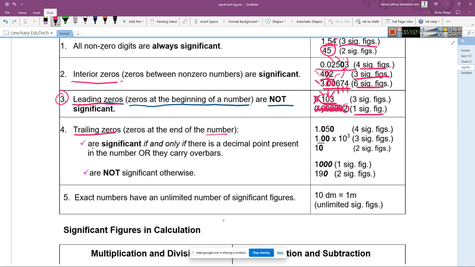Trailing zeros are significant if and only if there is a decimal point present in the number. So in a decimal number, if we have zeros at the end, they will be counted as significant, but in any other circumstances we will not count them.